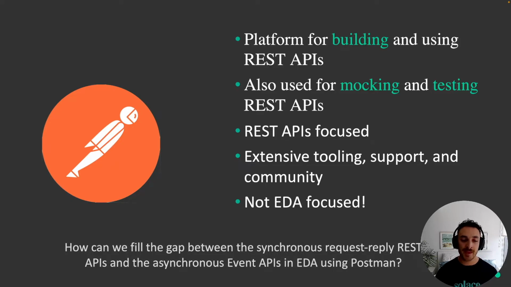The question is, how can we fill the gap between the synchronous request-reply REST API world and the asynchronous event APIs in EDA using Postman? This is where I'll be giving you a quick demo of the converter we put together that takes in an AsyncAPI spec file and generates a Postman collection, or it can generate a Postman collection directly from Event Portal, and publishes messages using REST APIs, using a POST REST request.